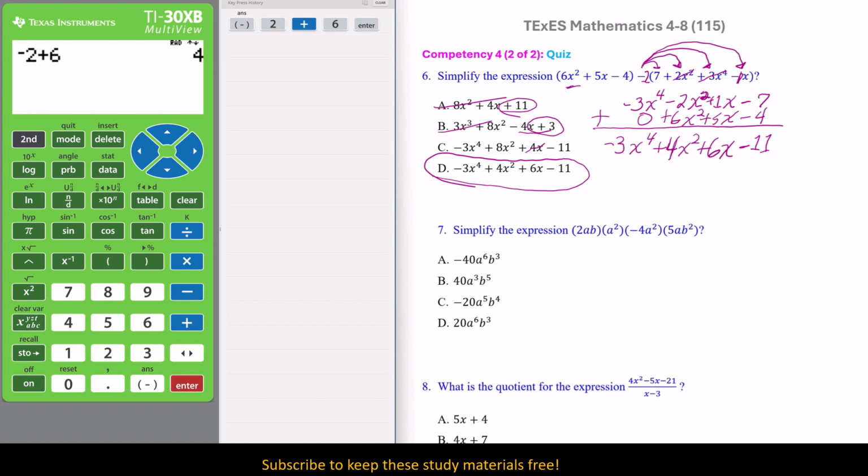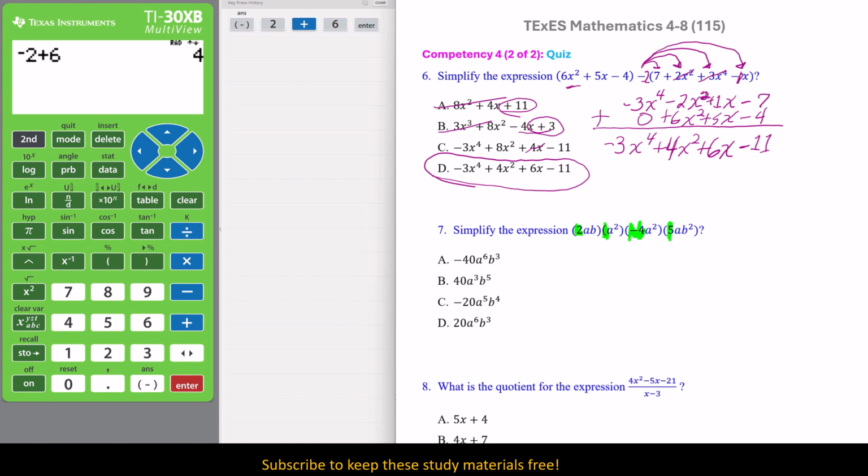Okay, now the next one, number 7, says simplify the expression. All of the terms are in parentheses, meaning they're all multiplied. So the first thing we need to do is multiply every coefficient together.